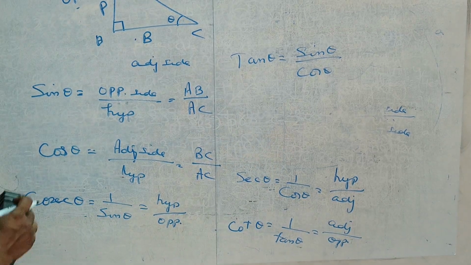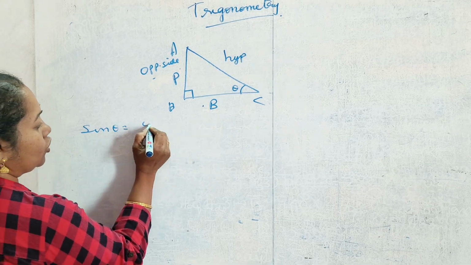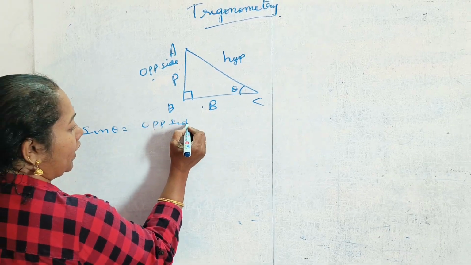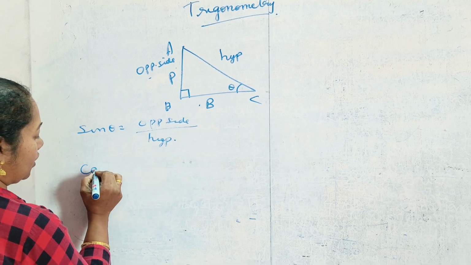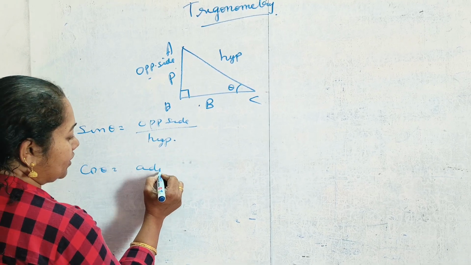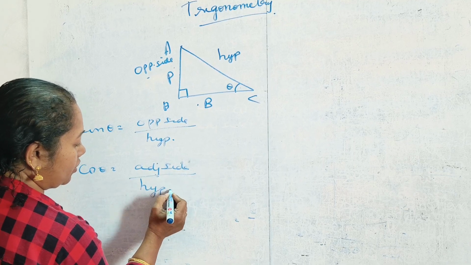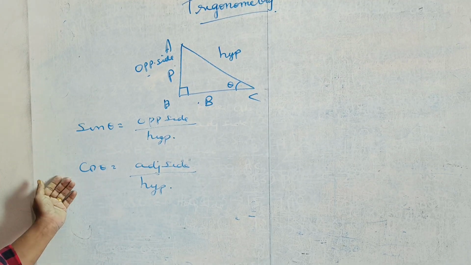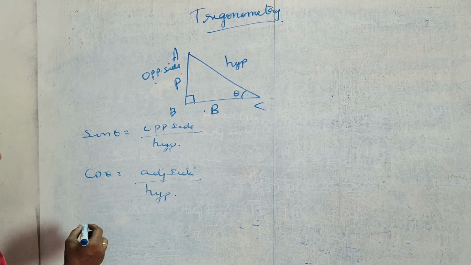In a simplified way, we can say sin theta is equal to opposite side by hypotenuse. Cos theta is equal to adjacent side by hypotenuse. If you know sin theta and cos theta, it's very easy to know all the other ratios.